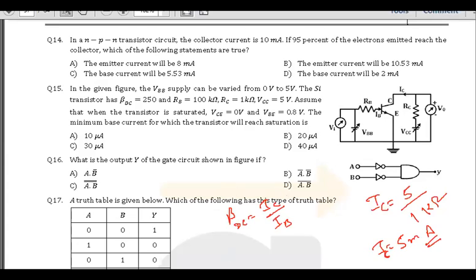Yes or no? So just formula putting, getting. IB is IC by beta. As simple as that. Which is 5 by 250, into 10 power minus 3. Put 3 more zeros, 10 power minus 6. It is 20 microampere. Yes or no? So was this a difficult problem? Tell me, guys, was this a difficult problem?